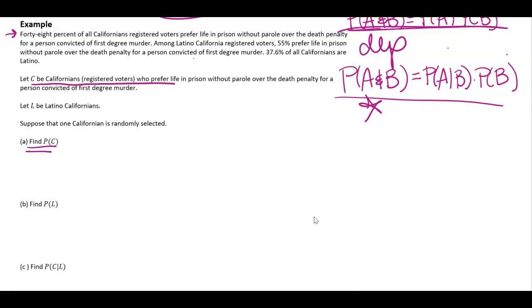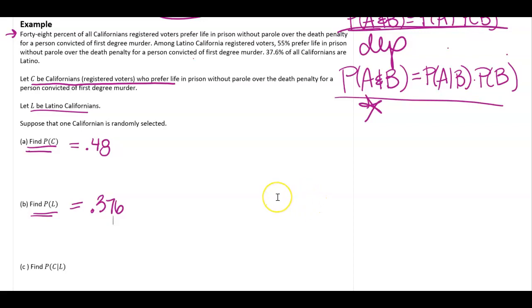And so the probability of C is 0.48. It's given to us. In part B, find the probability of L. Well, L is also given to us. And it doesn't matter if you write this as a percent or a decimal, either is fine.